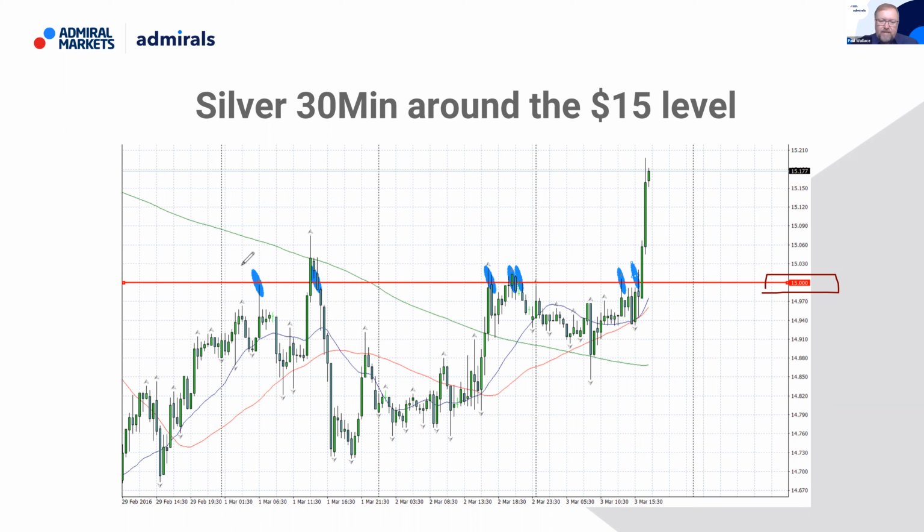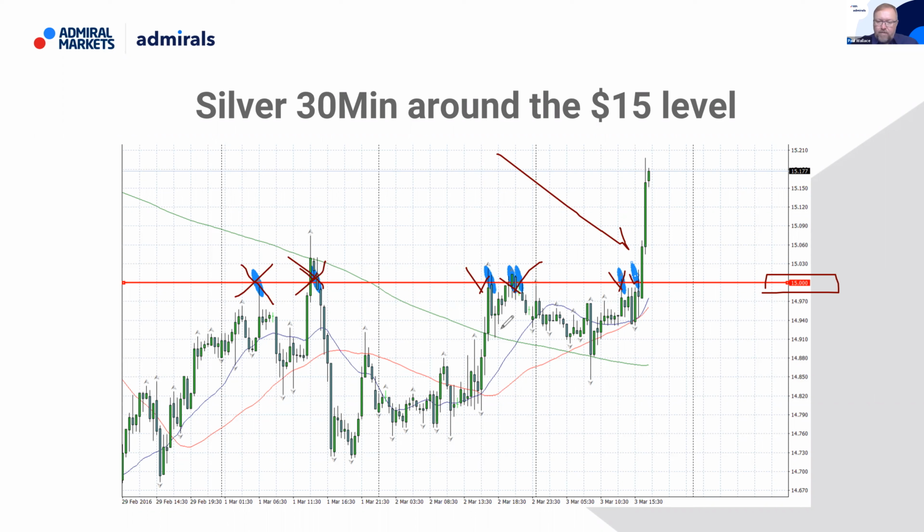Over a couple of days, price consistently tapped that level. It hit it about 6 times over 3 days before the breakout actually occurred. Just look at the price action there. It's constantly going up, tapping it, and very often it would go past it but then fall away.